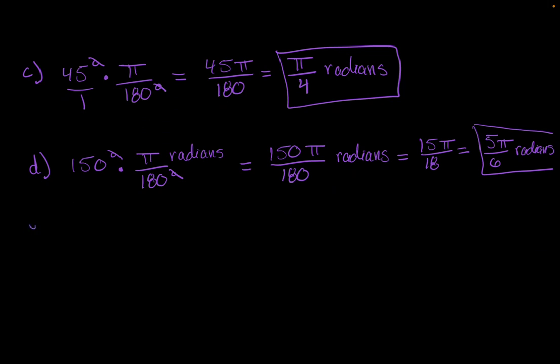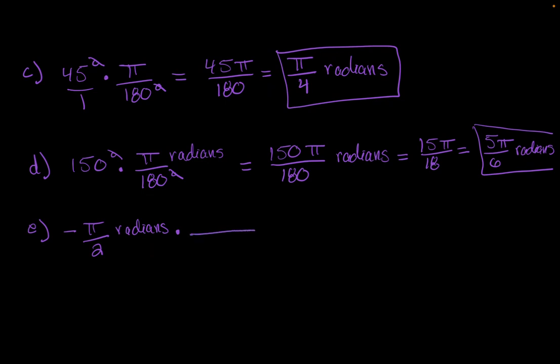Let's see, maybe one more. What if I have negative pi over 2? This is a good one. You can have a negative degree measure. Remember, it just means you're rotating in the opposite direction. Instead of rotating counterclockwise, you rotate clockwise. That's a negative measure. Okay, well, this is radians. I didn't write my radians. Let me write that. Times, well, I have radians in the numerator, I need them in the denominator.